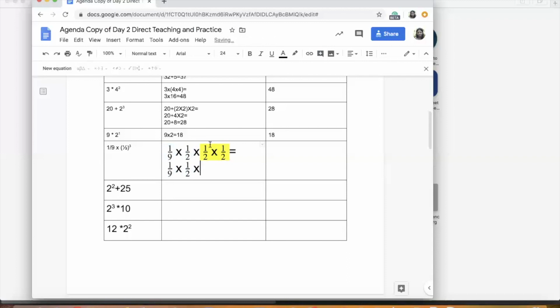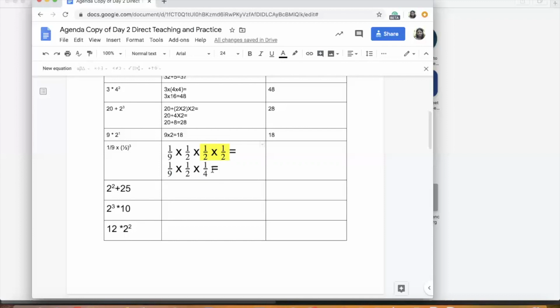And then I'm going to multiply the numerator 1 times 1, which is 1, and the denominator 2 times 2, which is 4. I'm going to paste 1/2, back arrow twice, delete that denominator and make it a 4, because 2 times 2 is 4 and 1 times 1 is 1. And then I'm going to hit the equal sign. So now I have 1/9 times 1/2 times 1/4.